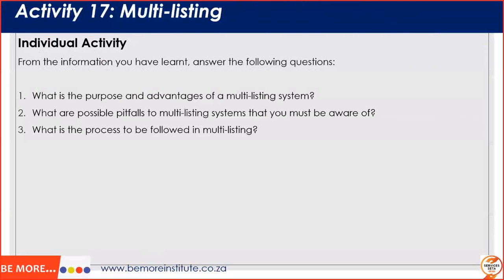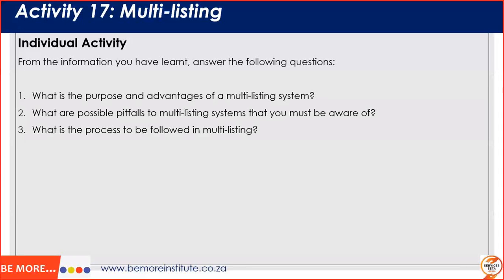We also have an activity, which is an individual activity. So just please pay attention to how an activity is categorized, whether it is an individual activity or a group activity. The questions are: what is the purpose and advantages of the multi-listing system? What are the possible pitfalls that you must be aware of?